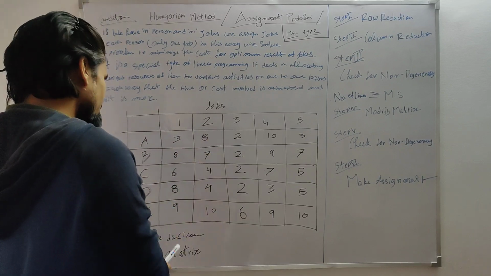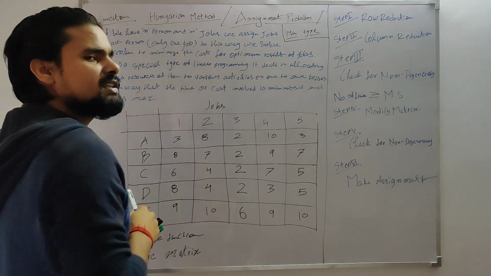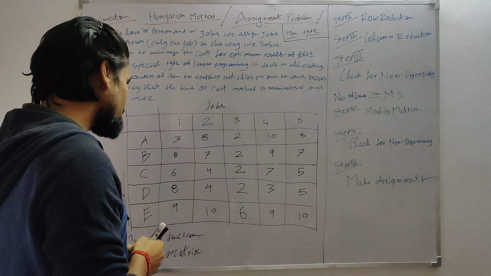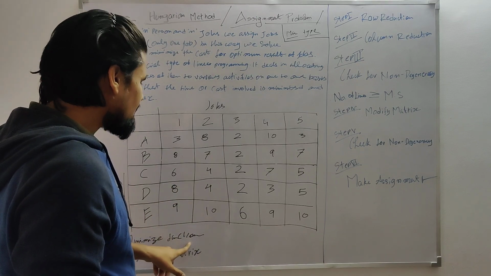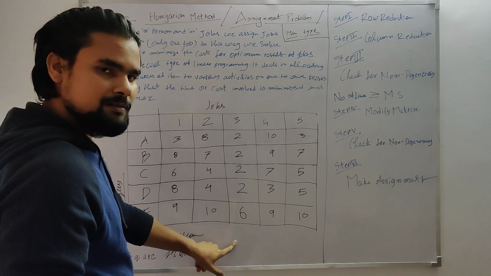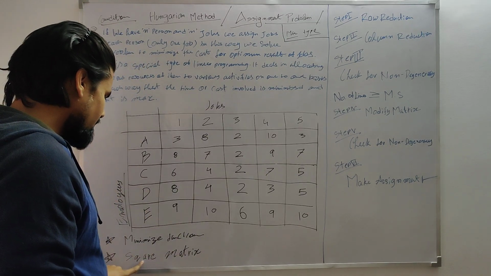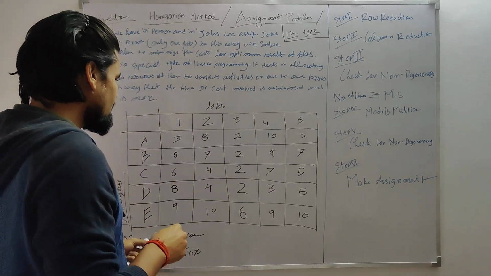So minimize function for optimizing the output. So here, first we have to look that our problem should be a minimize function, and second is our matrix. This is the matrix.